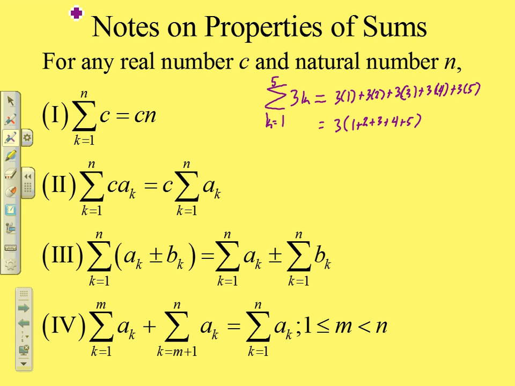Okay, so we're taking the sum of 1, 2, 3, 4, and 5, and they're going to be multiplied by the 3, so that gives me, as a final summation notation, 3 multiplied by the sum of the first term through the 5th term times whatever k happens to be, where you're substituting those numbers. So that's where that second notation comes from.